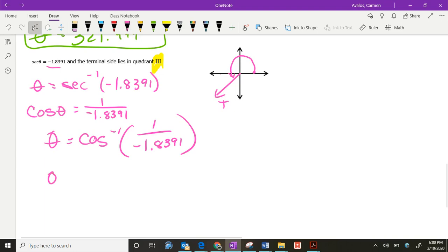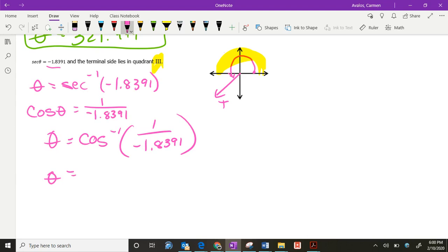And so the theta that we get there, because cosine is restricted between quadrants 1 and 2, that means that the angle that we get there, because this is negative, is going to be given to us in quadrant number 2.